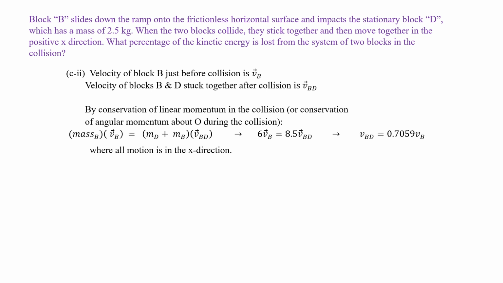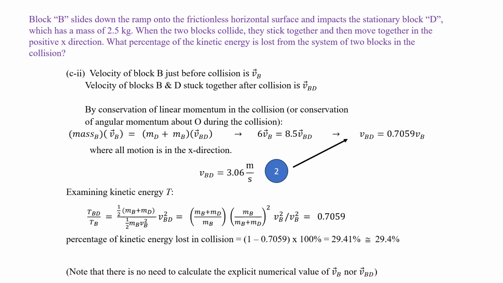You don't have to solve for anything. You can just say mass of B, VB, and then the combined mass of the system times its final velocity of BD, and both of those have to equal each other for conservation of linear momentum to be true. And you end up with a velocity of BD, which is 3.06 meters per second.